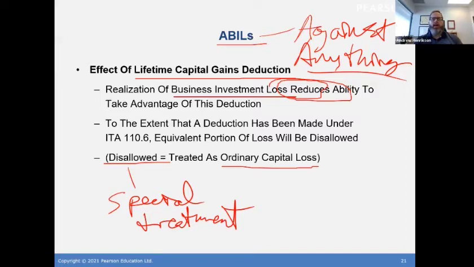They were aware of ABIL losses and claimed an ABIL loss for the same client for another business that they were disposing of. So they claimed the ABIL loss and got a big refund.